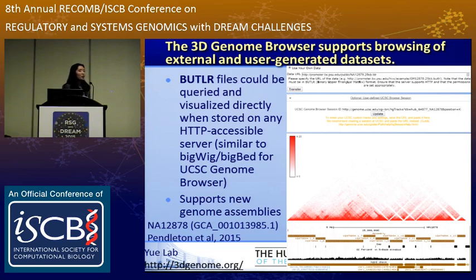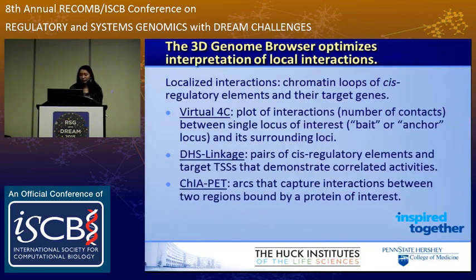And this is important because, as you know, UCSC has moved on to hg38. So if we don't have the chance to remap the data, then people could do their own mapping themselves.